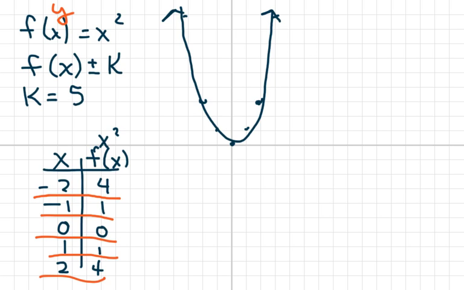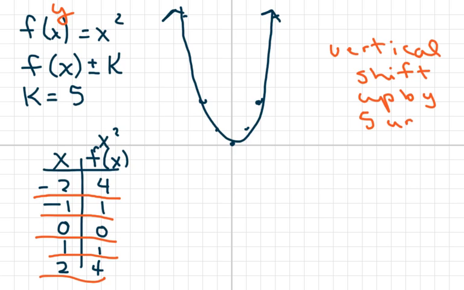We're going to add k and subtract k. This is called a vertical shift up by 5 units, and also the minus k is down by 5 units.